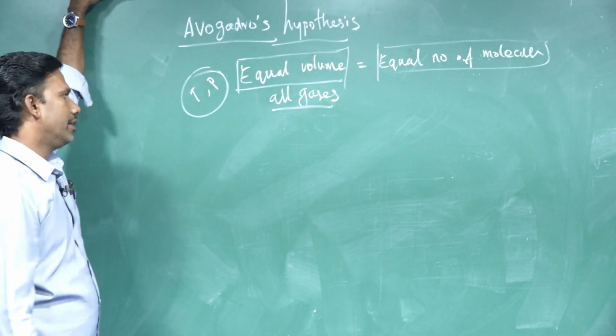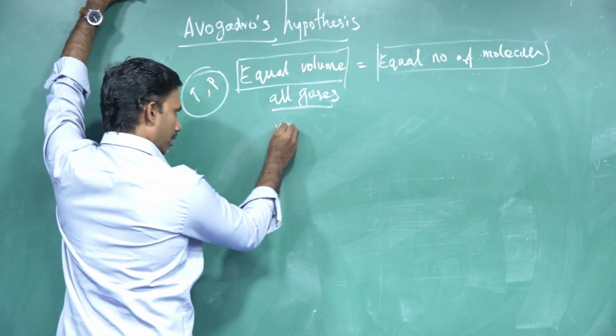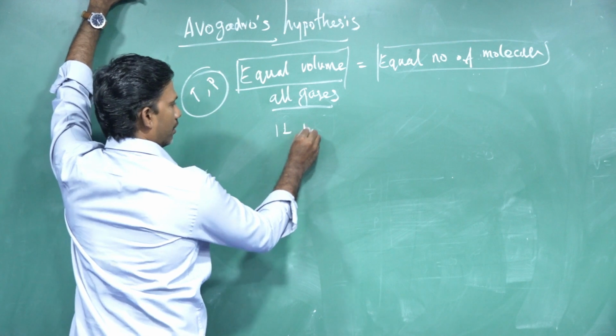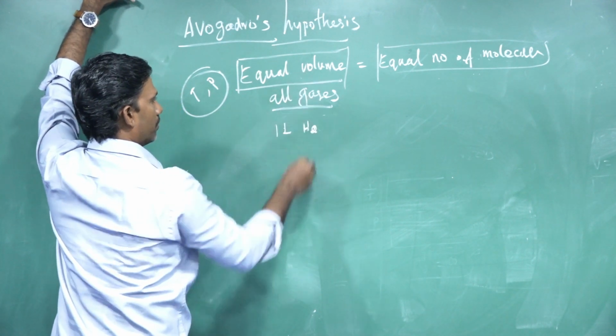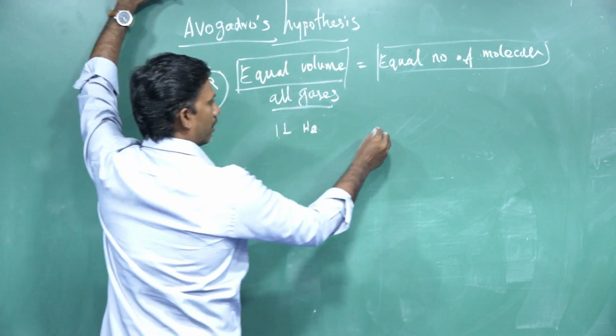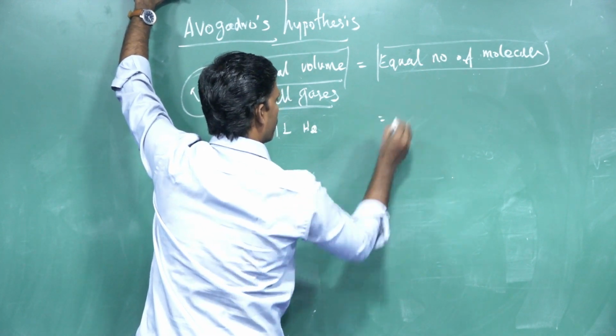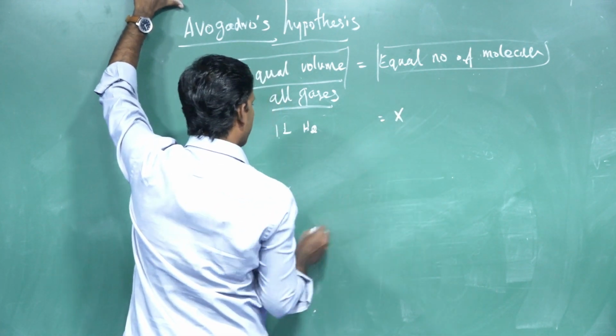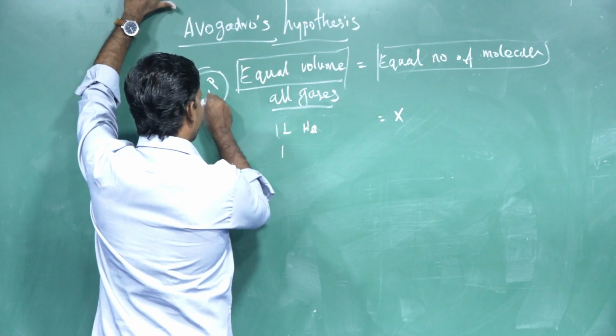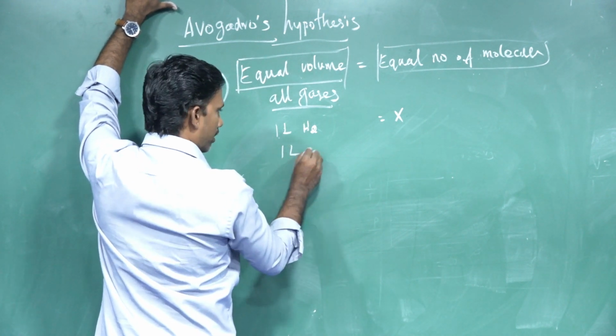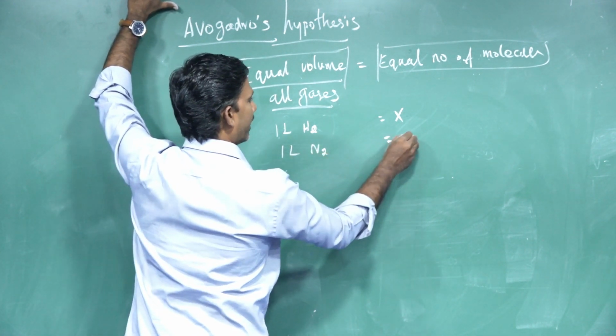What does it mean, sir? That means if 1 liter of hydrogen has some amount of molecules, maybe X, then at the same temperature and pressure, 1 liter of nitrogen will also have X number of molecules.